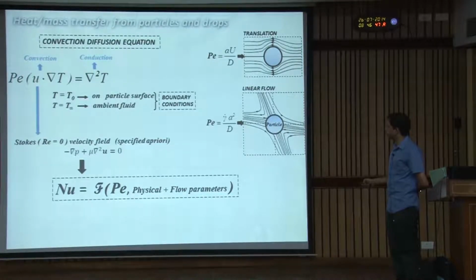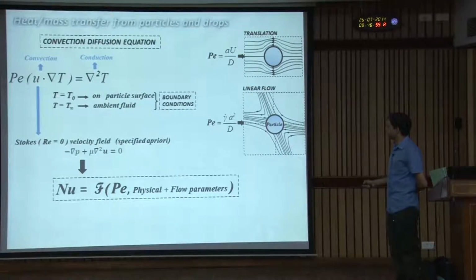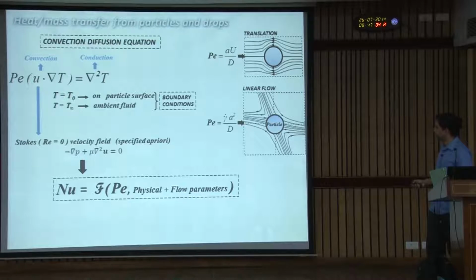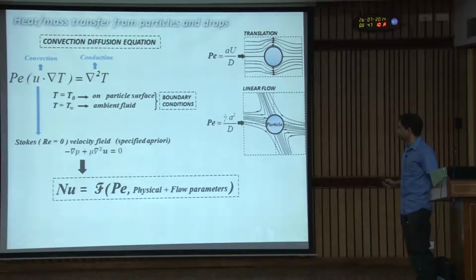So that's the PDE that we want to solve, and these are the boundary conditions. So we know the temperature on the particle or drop surface, and we know that it relaxes to the temperature of the ambient far away. Okay? And I'm only going to talk about the exterior transport problem, which is the only thing for a particle, but a drop can have an interior resistance, but I'm not going to be talking about that.